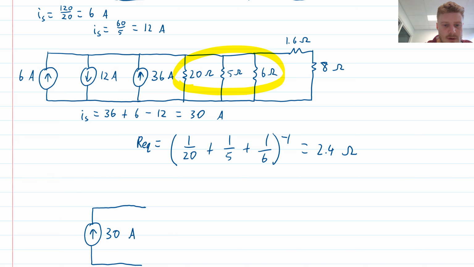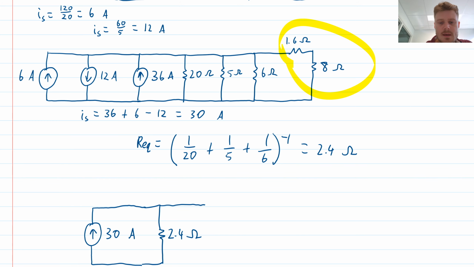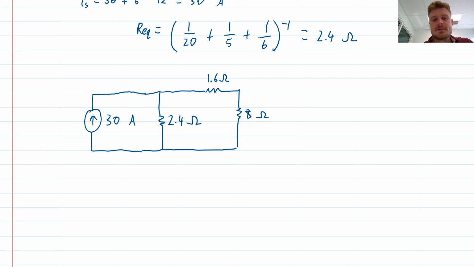So I can just write here 2.4 ohms, and then I have just the end of my circuit, which again I'm not touching, so that's this portion, which is 1.6 ohms and the 8 ohm resistor there. Okay, so this is looking nice, right?